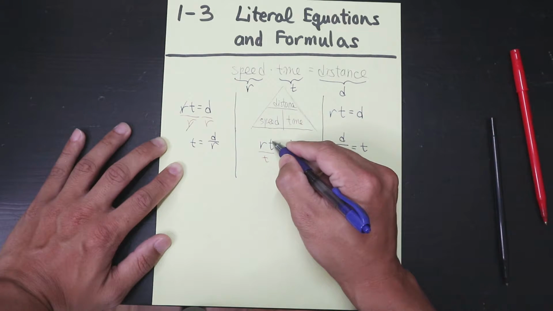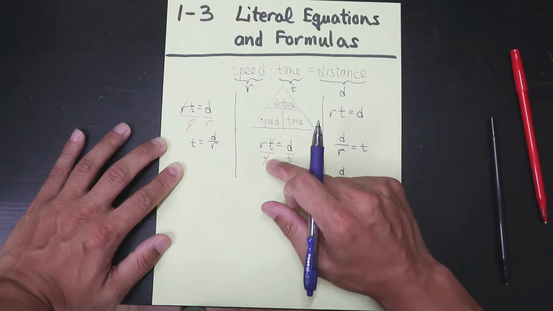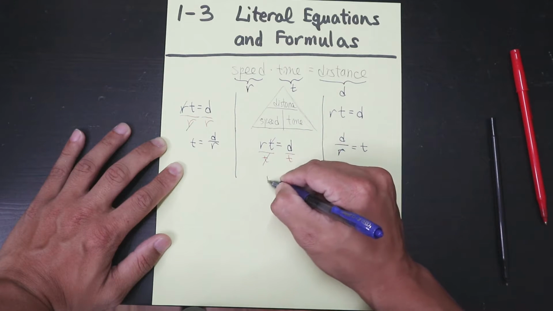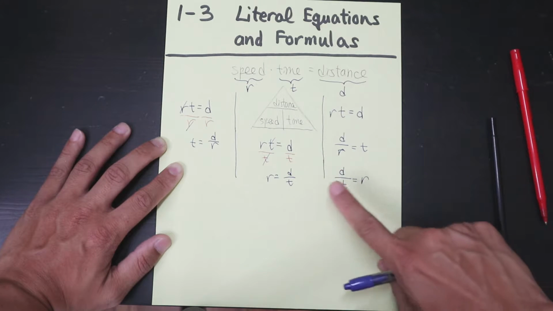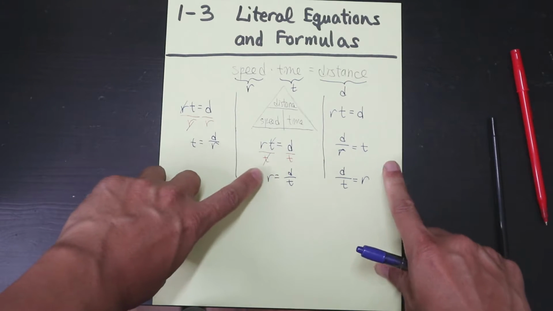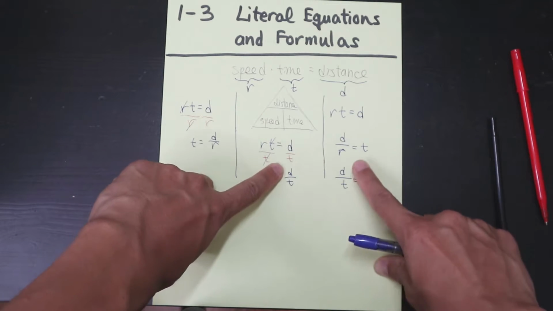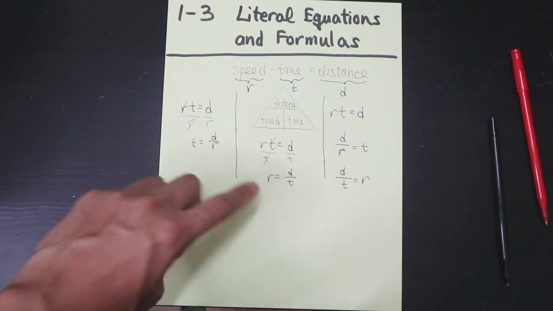So the t's will cancel, again, same thing on the top and bottom of the fraction. So you're left with r is equal to d over t. Look at that. Aren't these two formulas exactly the same? It's just that the order might be different, but they both say that r is equal to d divided by t. Speed is equal to distance divided by time.